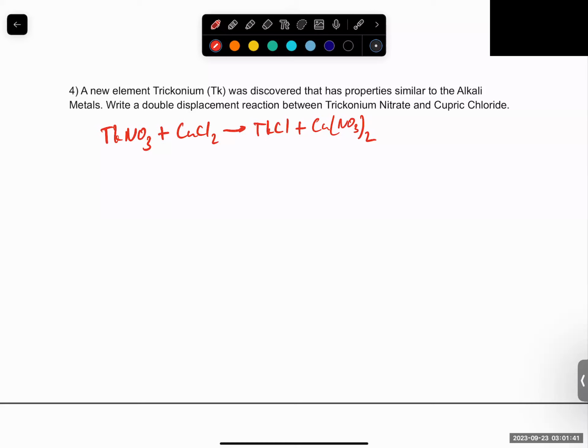So let me ask you all a question. Say I had a question like this where, let's say the cation was a halogen now. It had properties similar to a halogen, and specifically a heavier halogen, like chlorine, bromine, and iodine.